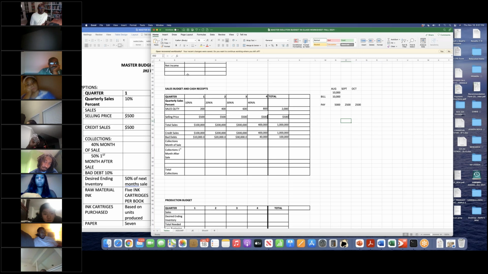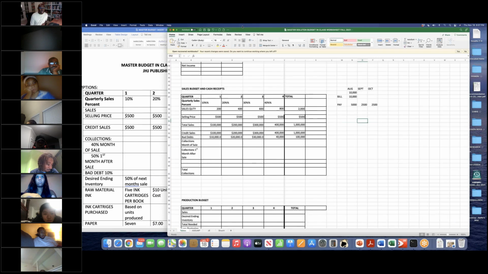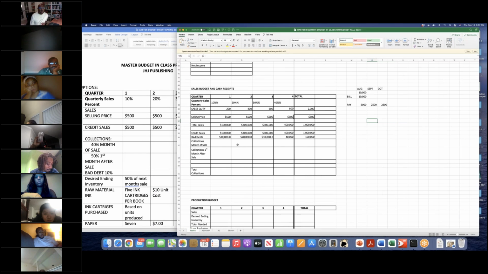Okay, so when we make a sale in this first quarter, and these should be 40% the quarter of the sale, 50% the next quarter. If we make sales of 100,000, we're only collecting 40%. So we get 40,000.